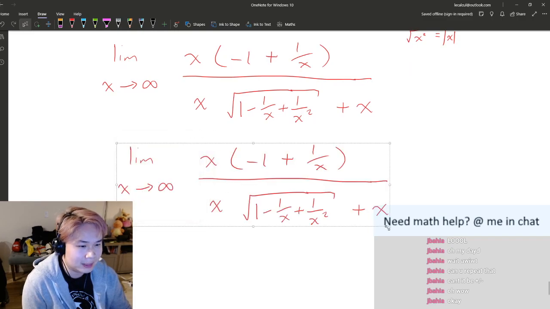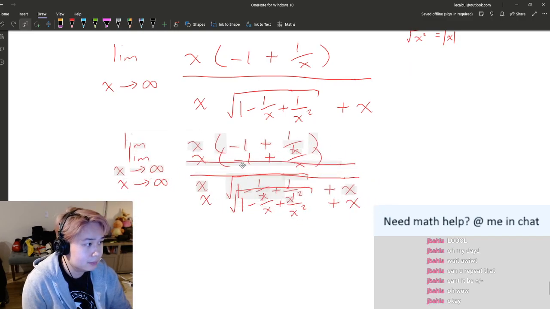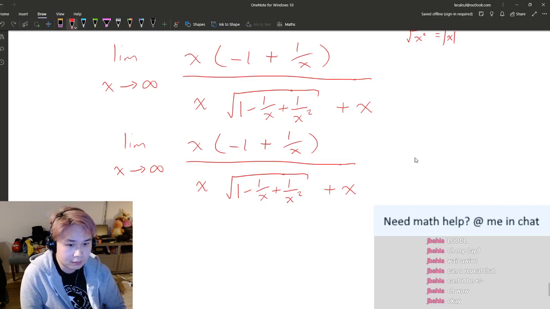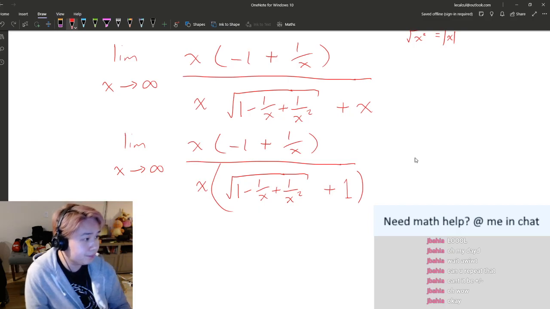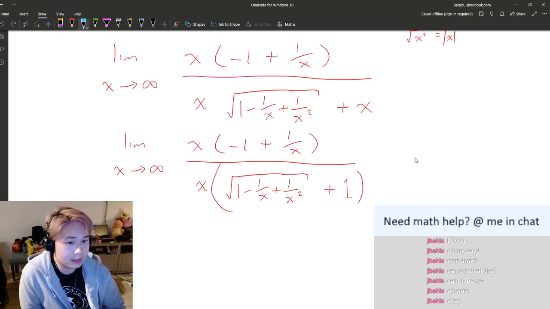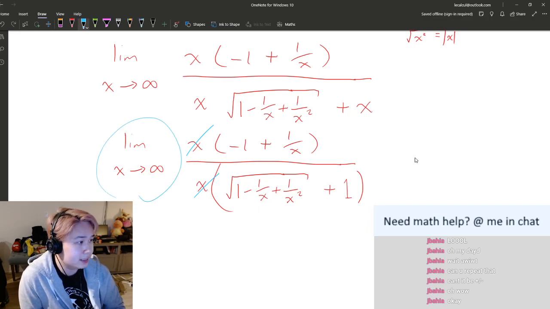So I'm just going to copy paste this. And we factor out the x. So then this is what we have. Now these x's can cancel out, and then you can evaluate the limit. That basically means that this term goes away and these terms go away.